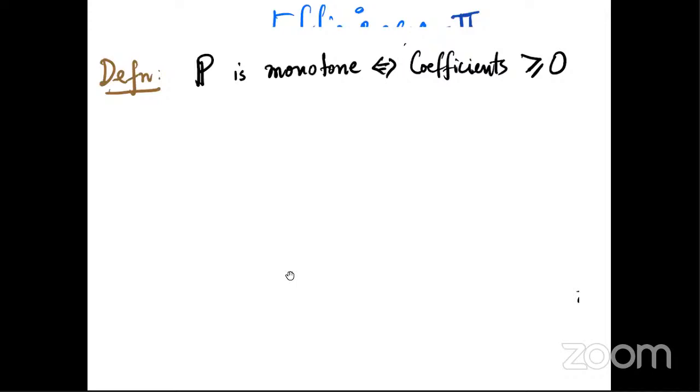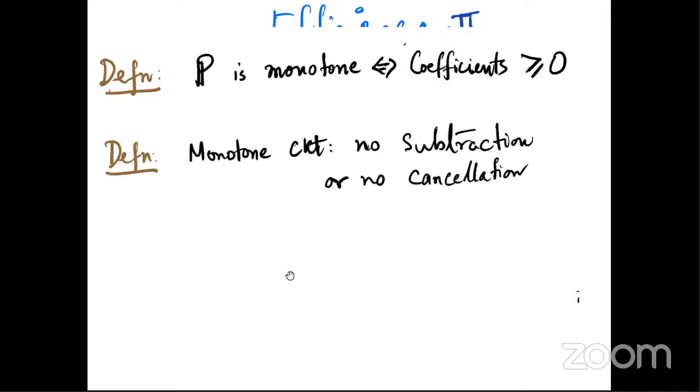Such a polynomial is a monotone polynomial, and it seems natural to expect that maybe, whenever a polynomial is monotone, I mean, you don't even need the notion of negative numbers to define these polynomials. Why should cancellations help? Maybe cancellations should not help to compute these polynomials, which are monotone.